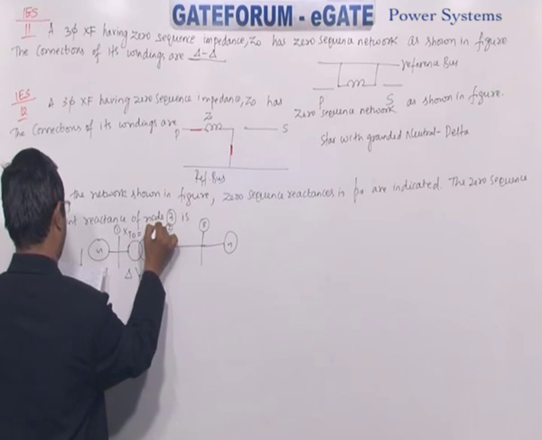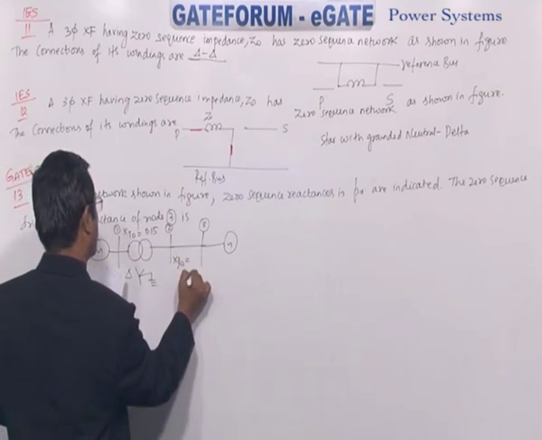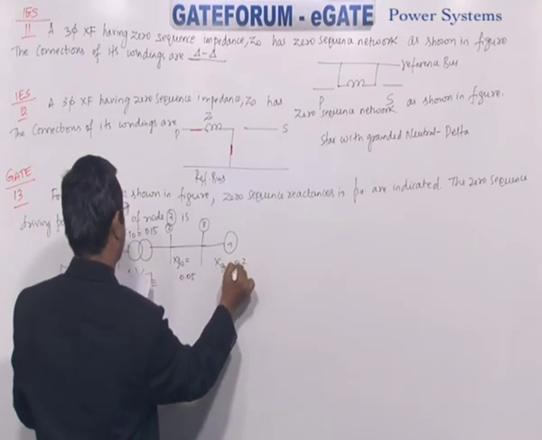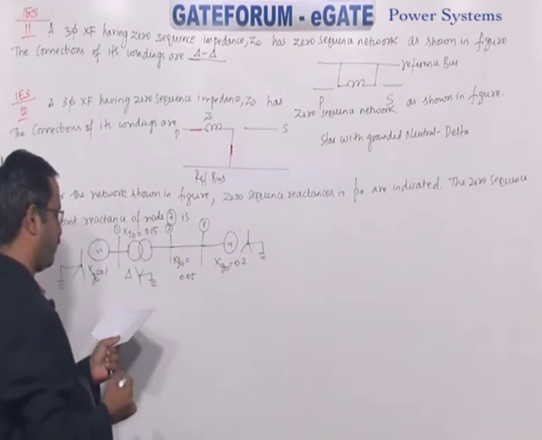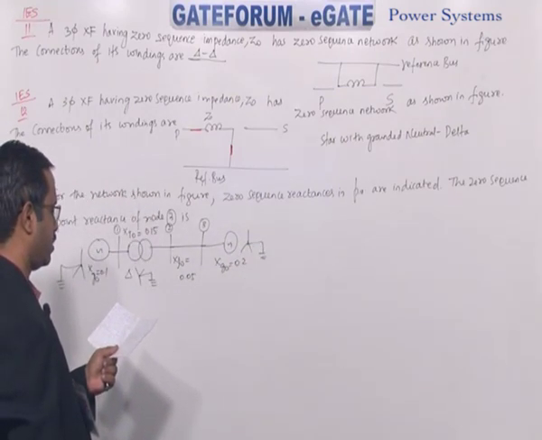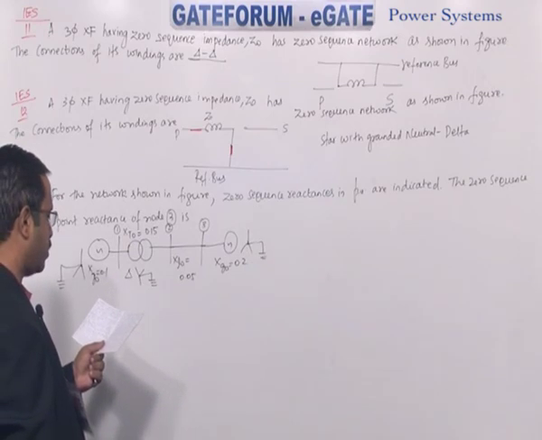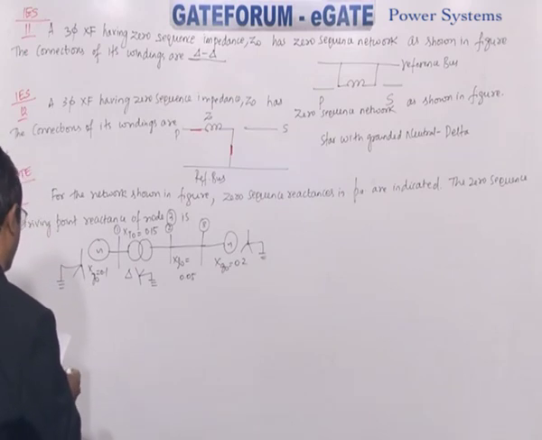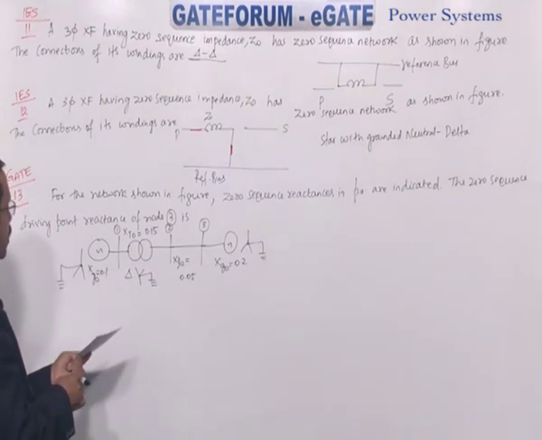Xt0 is 0.15, XL0 is 0.05, Xg0 is 0.5. So we have to calculate with respect to node 3 here.